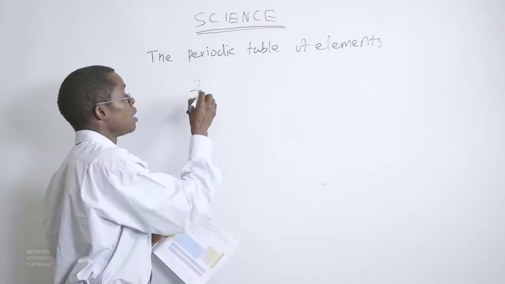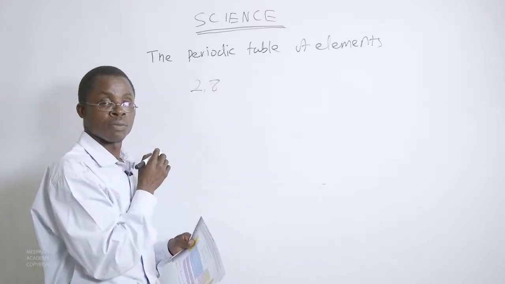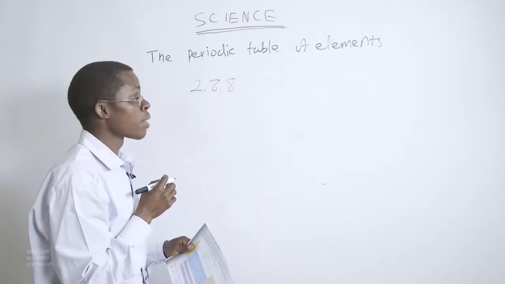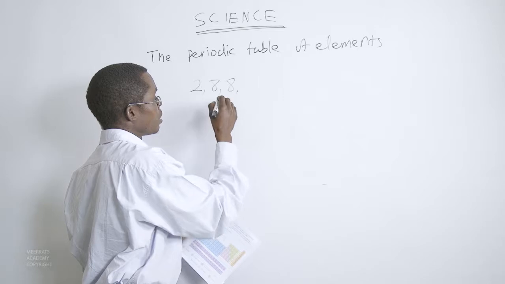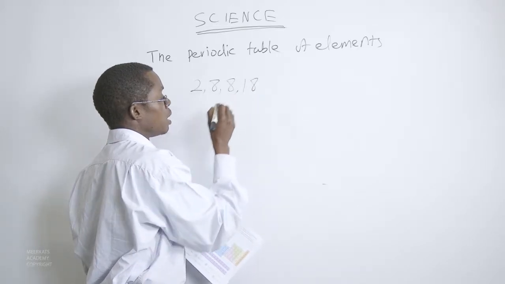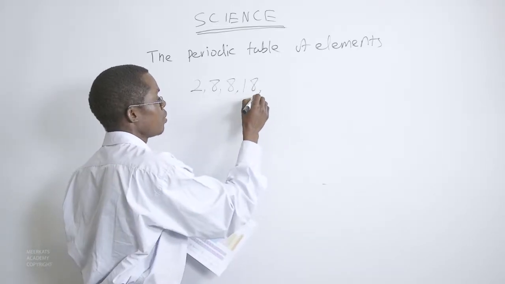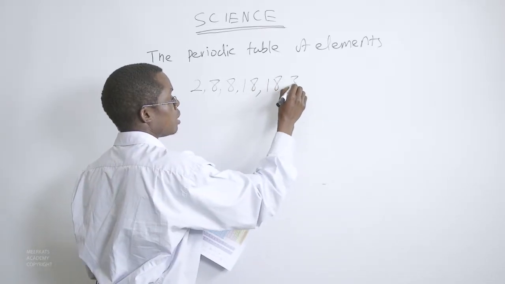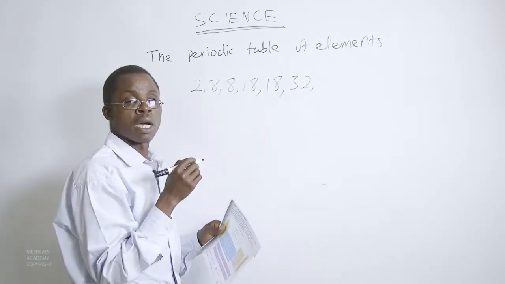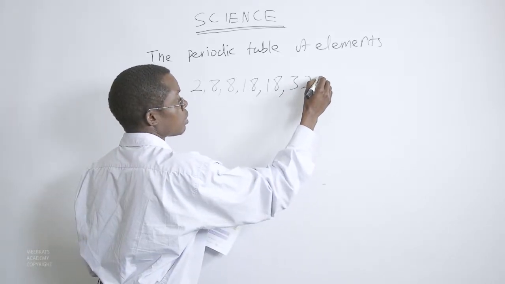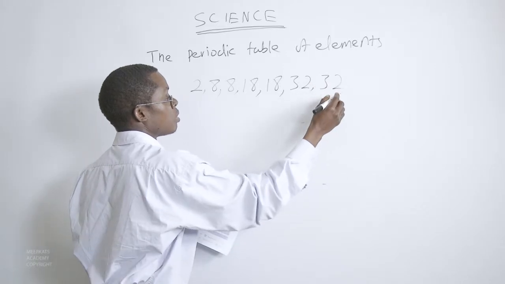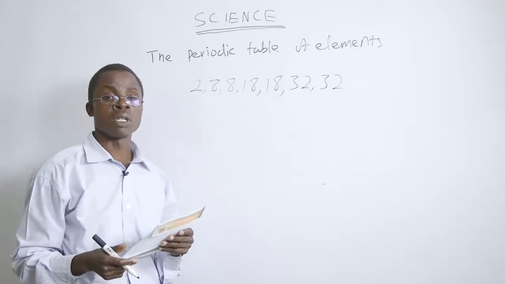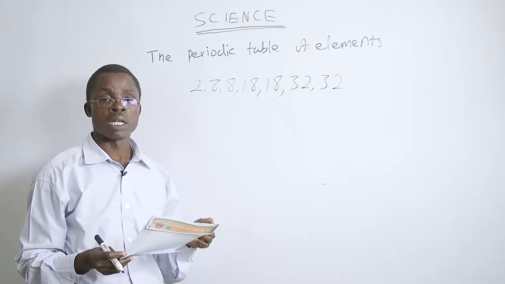The second orbit takes a maximum of 8. The third orbit takes a maximum of 8. The fourth orbit takes a maximum of 18. Fifth, 18. Sixth, 32. And the last one also takes 32. So with the second 32, all the elements in the periodic table will have been taken care of.